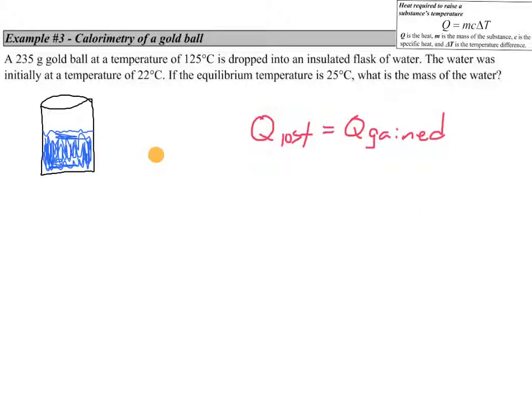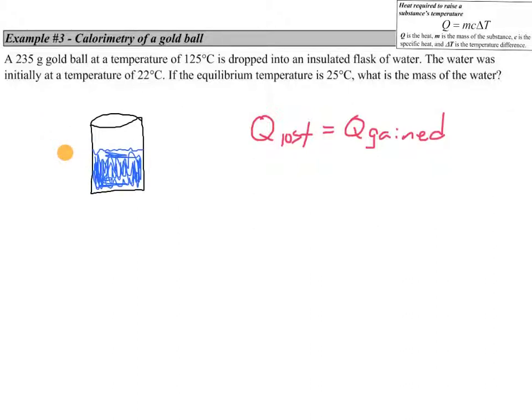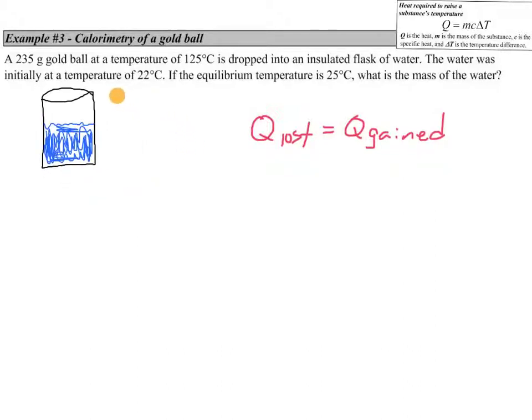If we have a 235 gram gold ball at a temperature of 125 degrees and we drop it into an insulated flask of water, that water initially at a temperature of 22 degrees, and if the equilibrium temperature is 25 degrees, which means that the gold ball decreases its temperature to 25 degrees while the water increases its temperature to 25 degrees, we want to know what is the mass of the water.